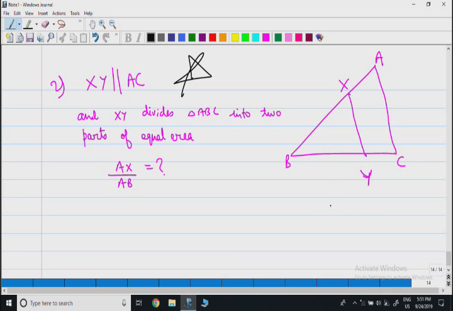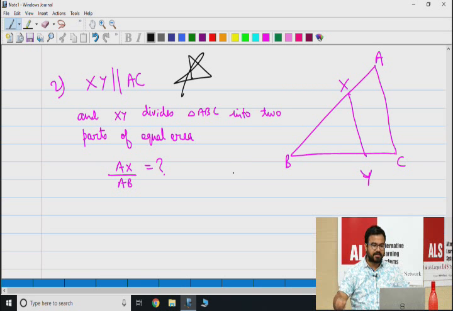See, so let us solve this question. It's a good one. It is given that XY divides triangle ABC into two parts of equal area. So the area of this region is equal to the area of this region, right?